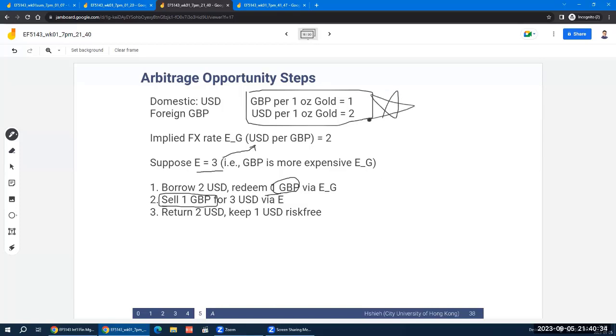Critical is assuming this. Okay, comments, questions on this example? So we'll do lots of this arbitrage stuff together. Okay, so this is just one of several arbitrage exercises we'll do in this class.